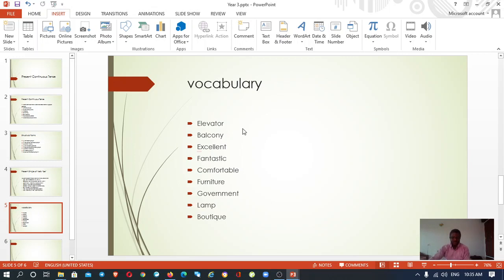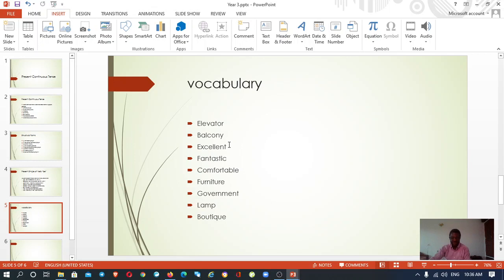I also advise you to use your dictionary to find meaning of words. You must know how to use your dictionary by now. If you find interesting words that you like, then you find their meaning from your dictionary. But today, what I want you to do is to make sure that out of these 1, 2, 3, 4, 5, 6, 7, 8, 9, you can at least spell like 3.